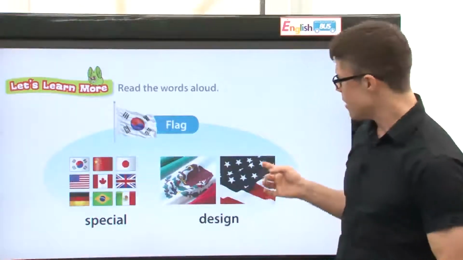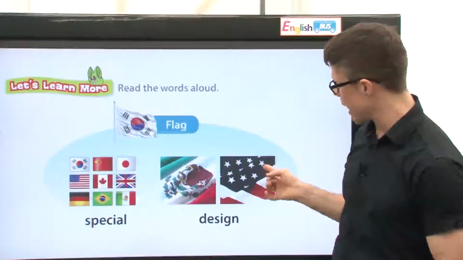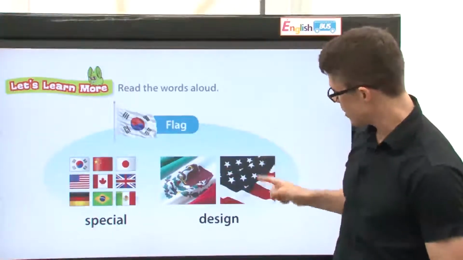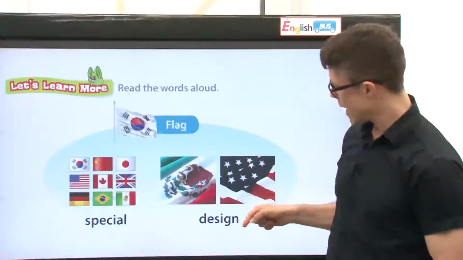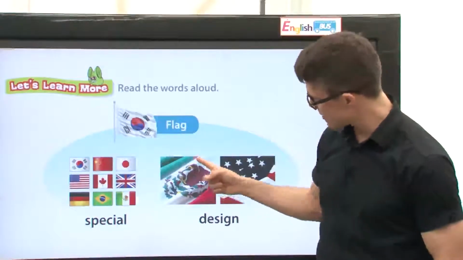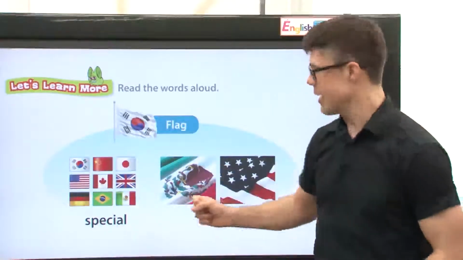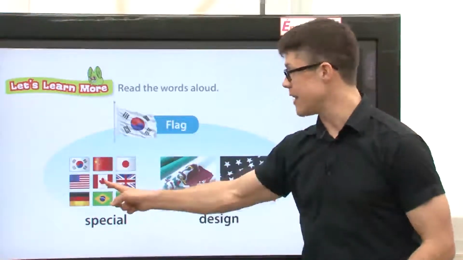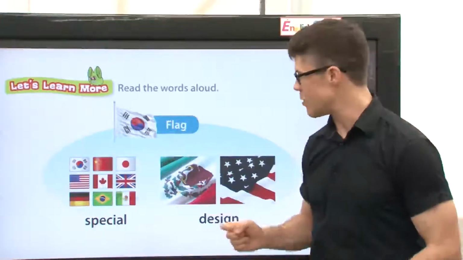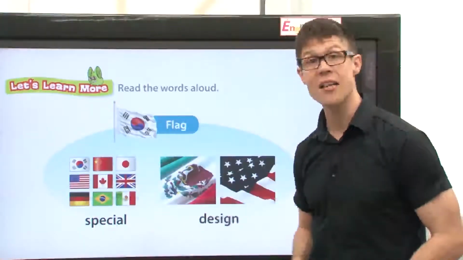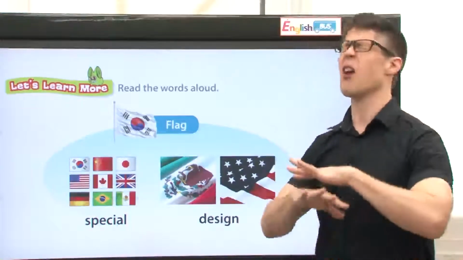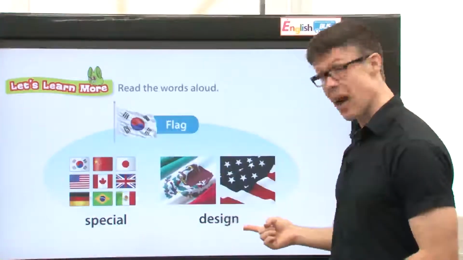The United States flag has stars and stripes, and this country's flag has a bird. Canada's flag has a leaf design, and Japan's flag has a circle design. There are many different designs.